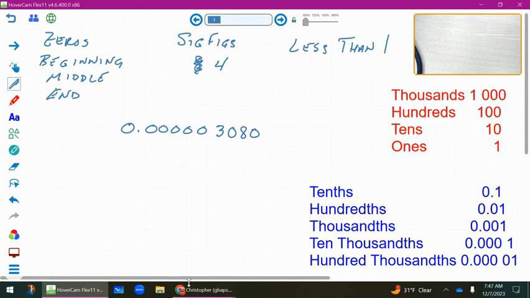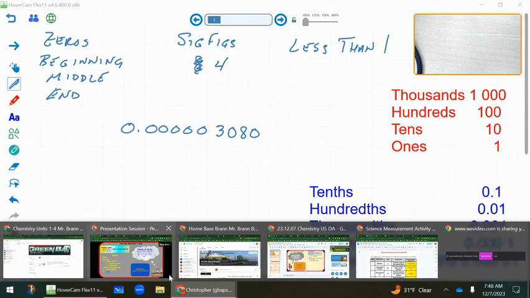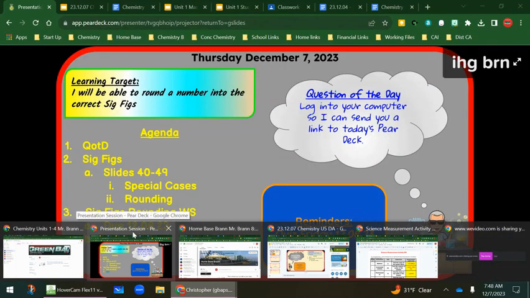Okay. Is this gonna be like our quiz tomorrow? Great question. Let me double check something. I know I asked you about sig figs. I don't know if I ask you to write a number with sig figs. So hang on a second. I'm running out of screens here.